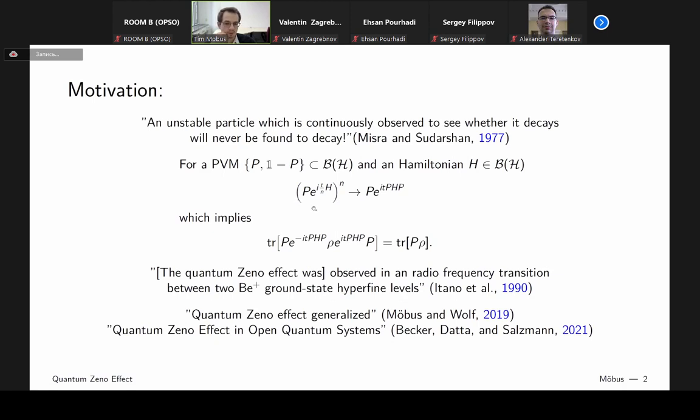But we still have a generator of the semigroup which is bounded. Then last year, Becker, Datta, and Salzmann generalized this result in several ways. On the one hand, they looked at a more abstract setup, which we will use in this presentation as well. So it's not important anymore that we have this Hilbert space structure and that this is a measurement or a quantum time evolution.